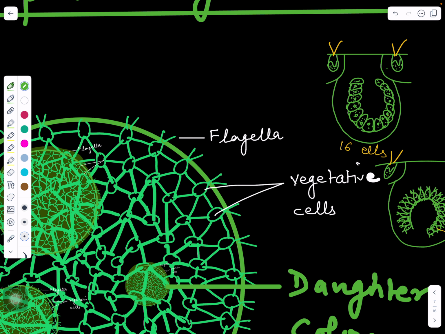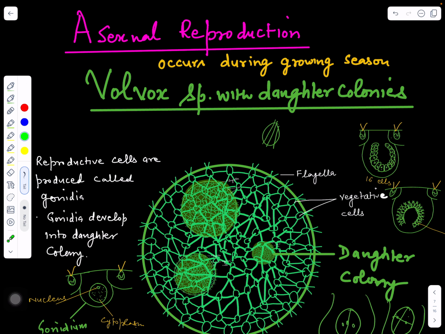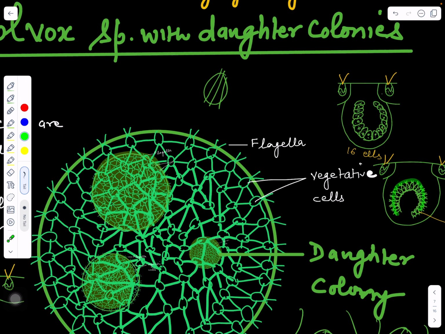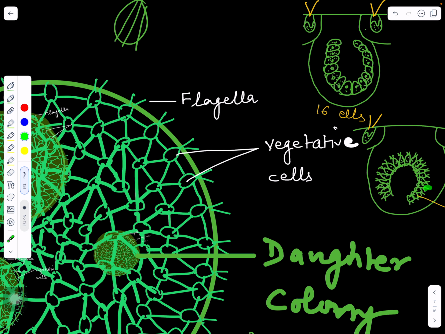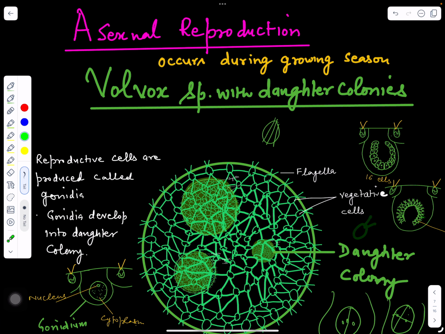First 2 will be produced, then 4, then 8, then 16, 32, 64, 128, 256. So many cells are produced, and ultimately this will invert back, becoming multicellular, and each cell will develop a pair of flagella. So this will develop into a colony like this.